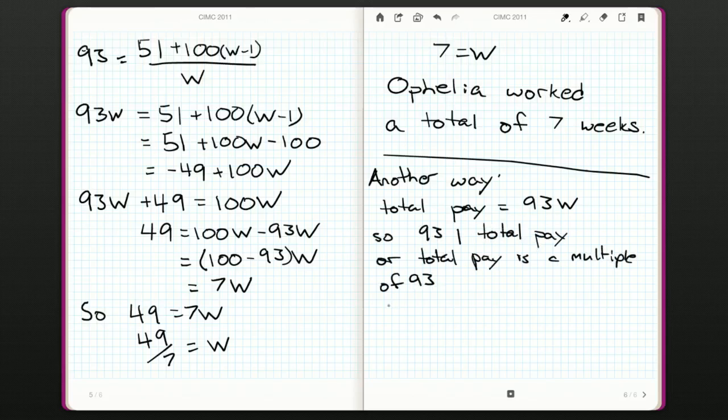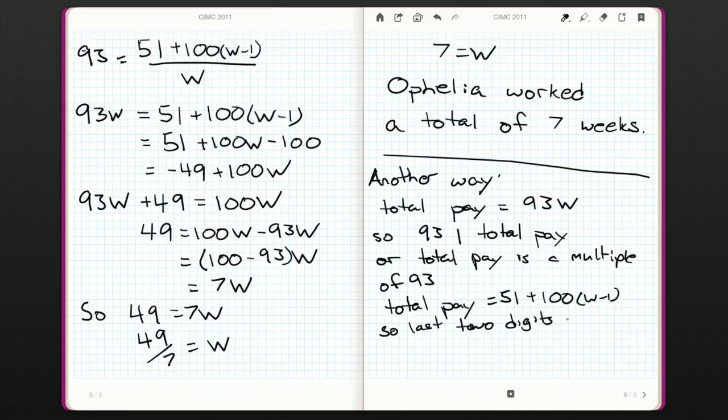Okay? We also know that total pay is 51 plus 100 times W minus 1. So the last 2 digits of total pay, using our calculator, we know the last 2 digits of total pay are going to be 51.